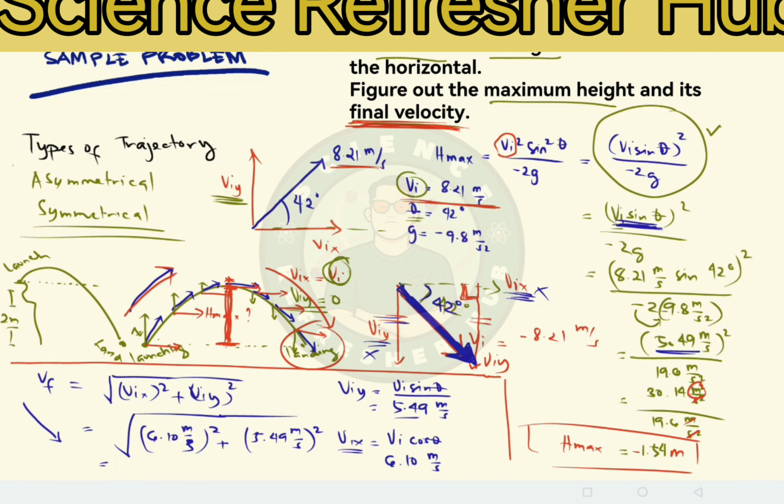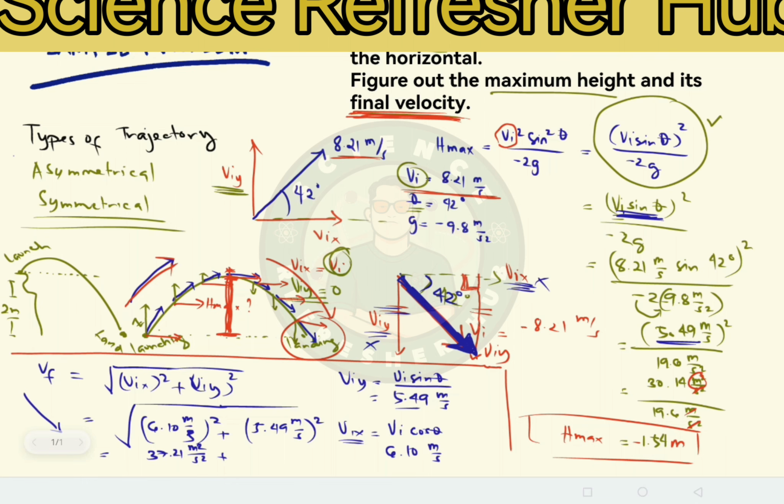6.10 raised to 2. The answer will be 37.21 and then meter squared per second squared plus squared of 5.49. The answer is 30.14 meter squared second squared.